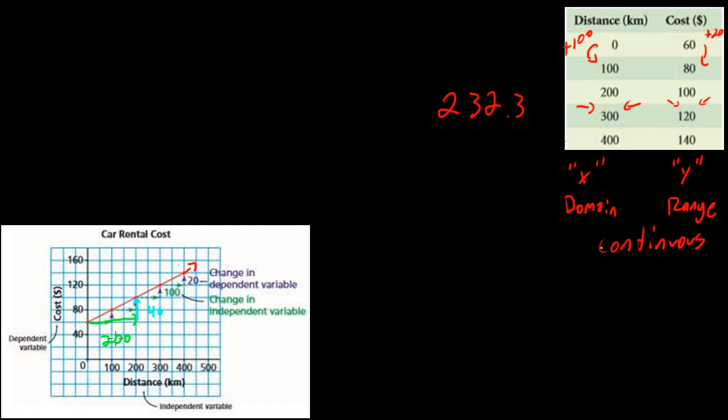And that is proportional to how we are looking at this car rental cost. Even though we're going across by 100 and then up by 20, that's the same as going across by 200 and up 40. We could do it another way by going across 400 and then up 20, 40, 60, 80. That would all be proportional because this is a linear relationship.